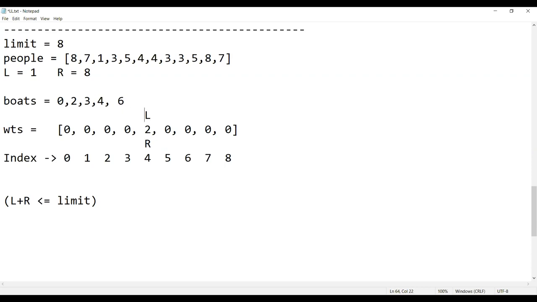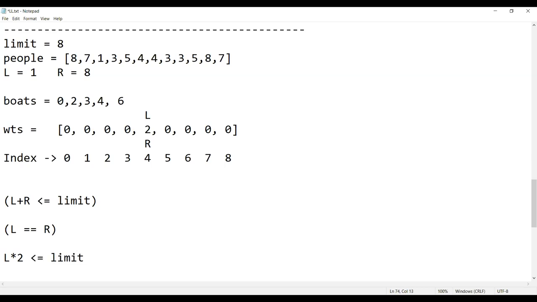Okay, so I come to the place where both of them are at the same position. This is another special case where L and R are at the same position. So if L is equal to R position, what I need to do here is multiply L by 2, and then compare if it is less than or equal to limit.